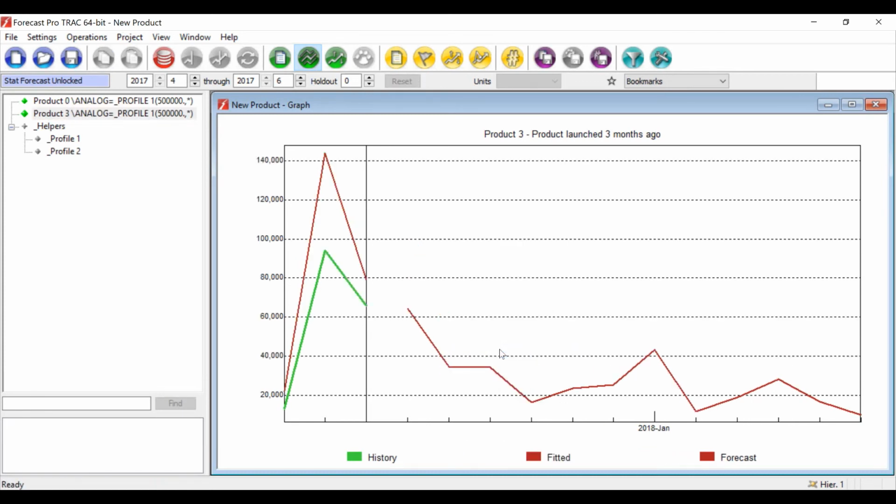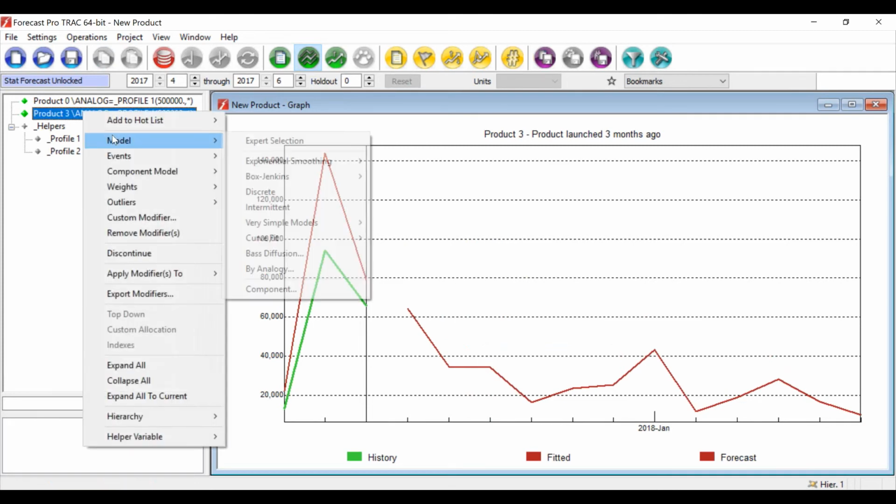Now I'm going to put in the fitted, so we can understand how well this model has been performing in the historical demand period. We can see that while the pattern looks very similar, the actual sales level is well below what we had initially anticipated. So this would certainly suggest that we might want to revise our assumption that we're going to get 500,000 units in the first year.